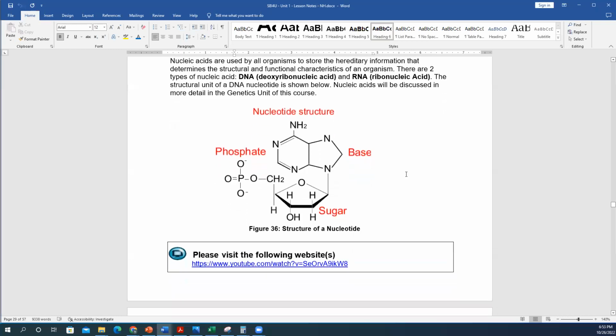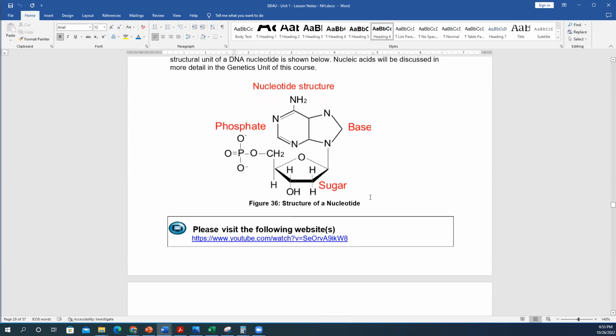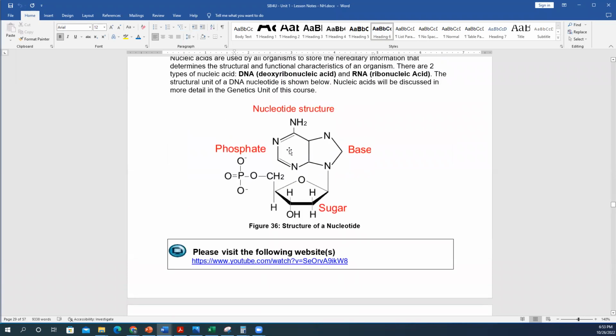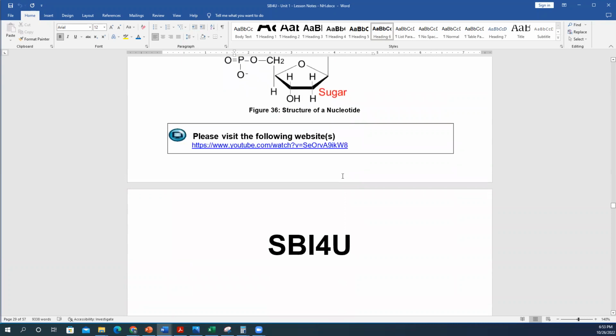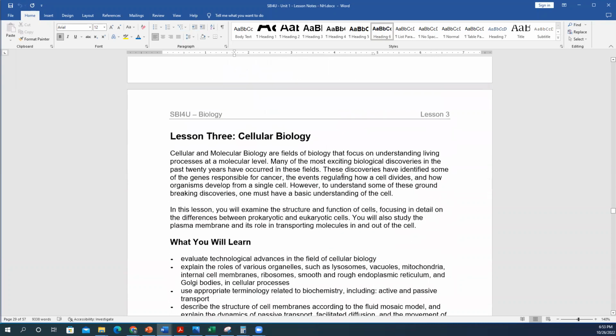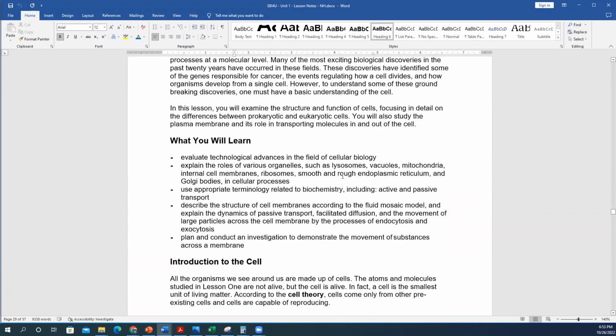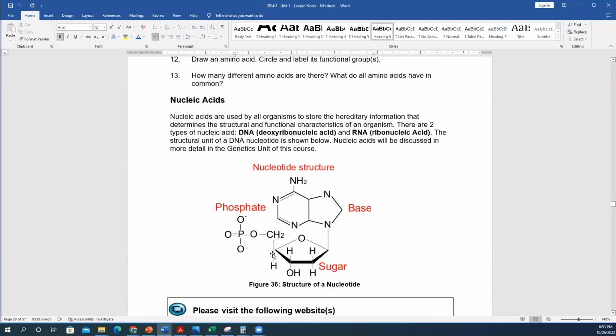We talked about the structure of a nucleotide: there is a sugar, a ribose sugar, there is a phosphate group, and then there is a nitrogenous base, and that's what makes the nucleotide structure. And depending on the type of nucleotide base, you would have different types of nucleotides. Then we paused there with our discussion of nucleic acids.